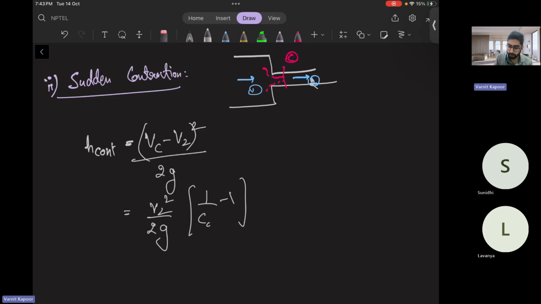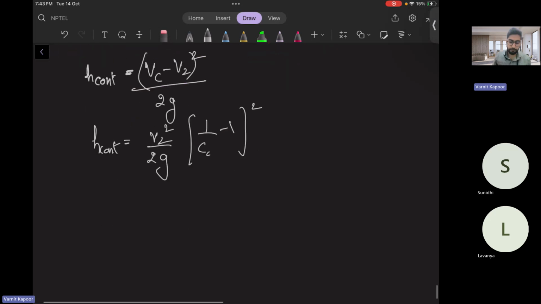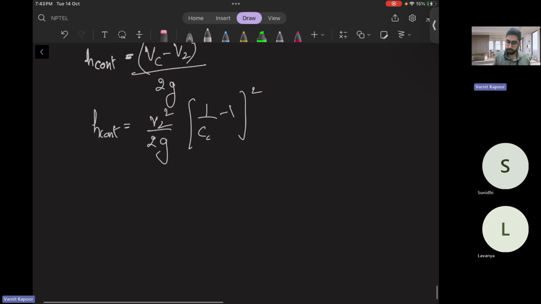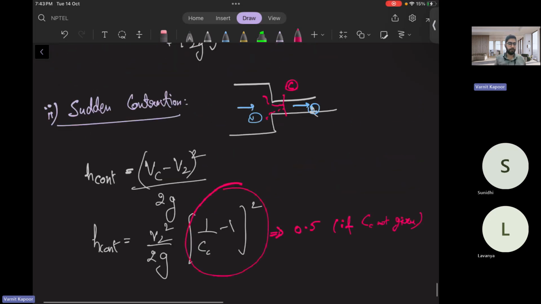You know, Cc is the coefficient of contraction. We have discussed this. So this is your h contraction. And if Cc is not given, you will assume this whole term to be 0.5.